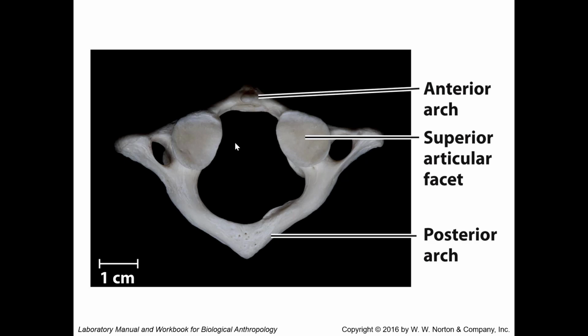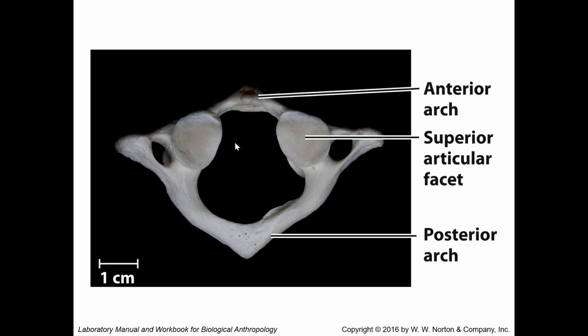So remember I said the occipital condyles, and I would usually in class show you how the occipital bone articulates with the atlas, right? This is where it sits. So the superior articular facets will articulate with the occipital condyles, right? So this is important for movement.